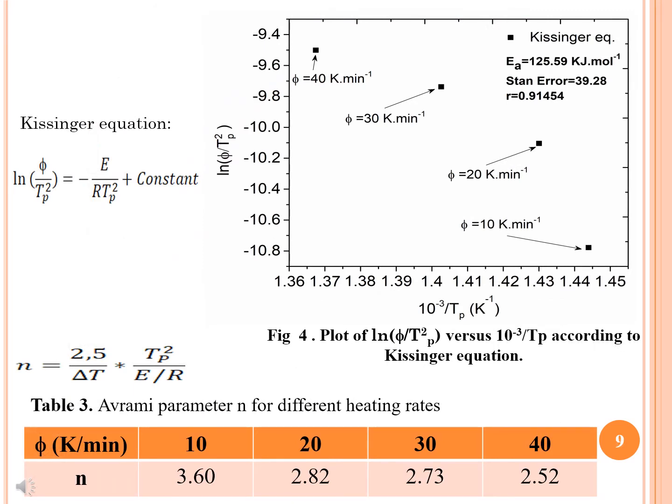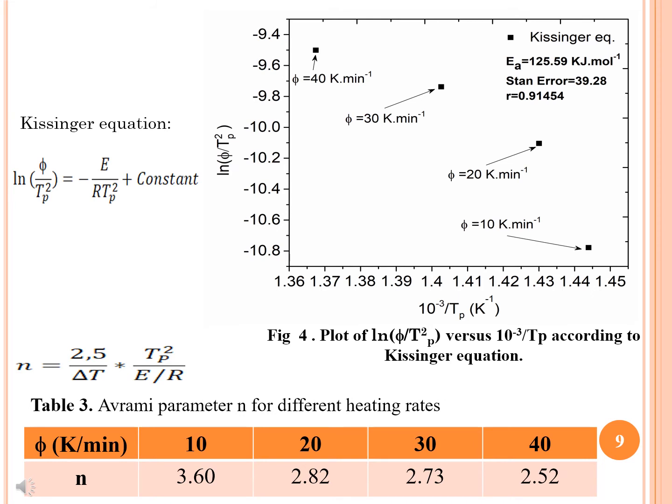In order to calculate the activation energy for complete crystallization, we use Kissinger's equation. Figure 4 shows the Kissinger plot of sodium zinc phosphate glass. It yields a straight line.